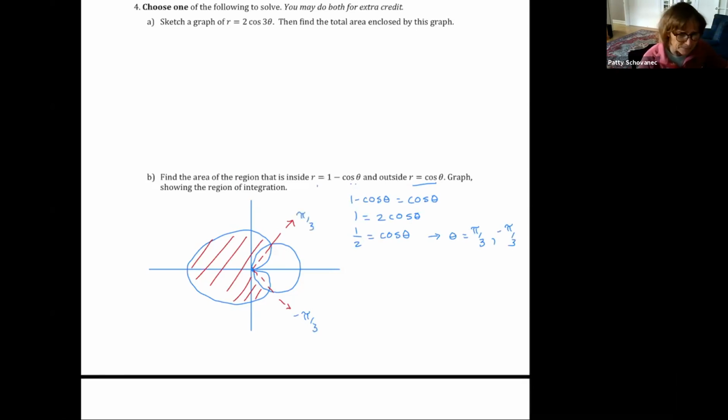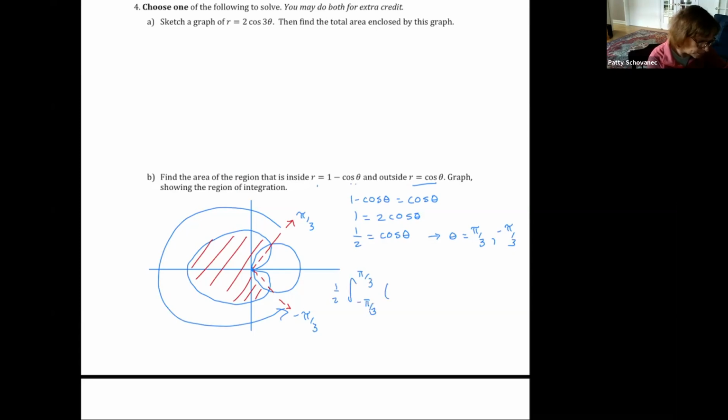But I don't know if you can see the problem. If you just integrate the cardioid from there to there, if you compute the integral from negative pi over 3 to pi over 3 of the area of the cardioid.